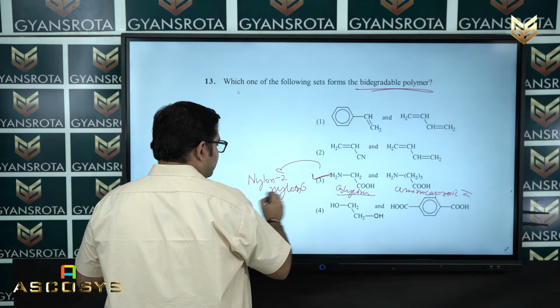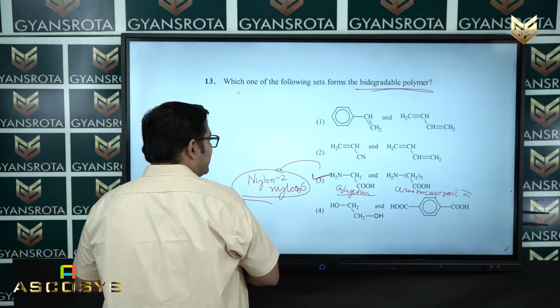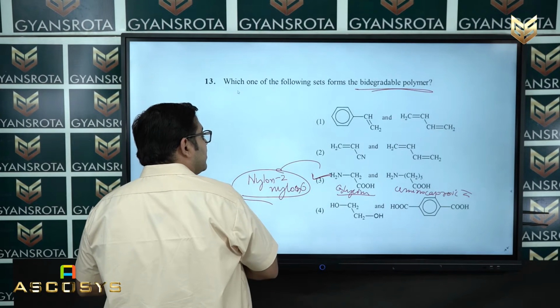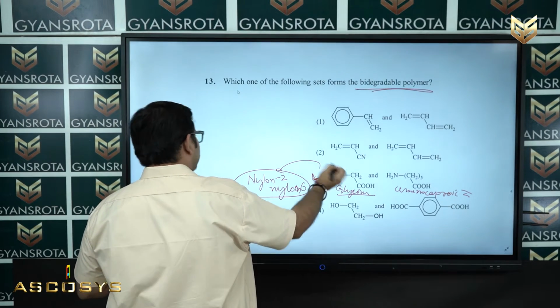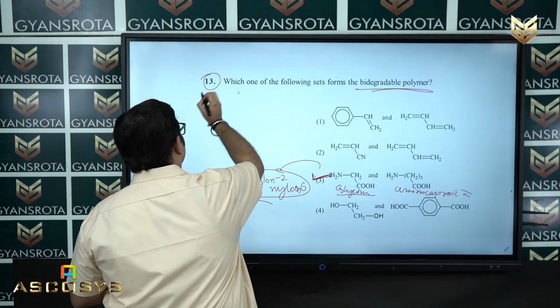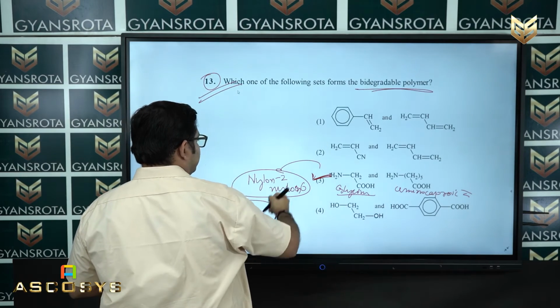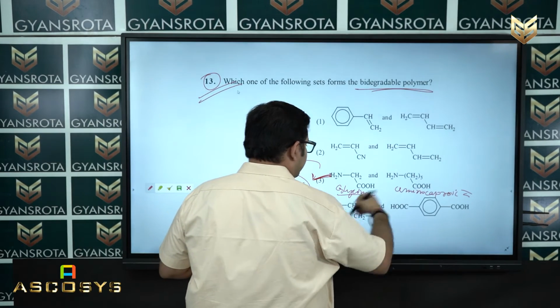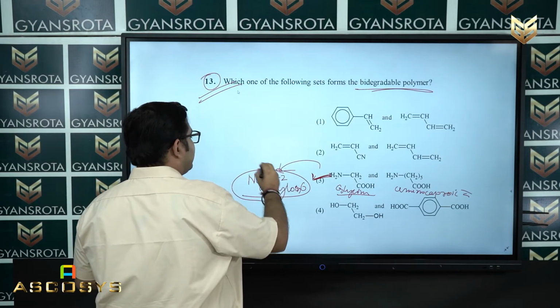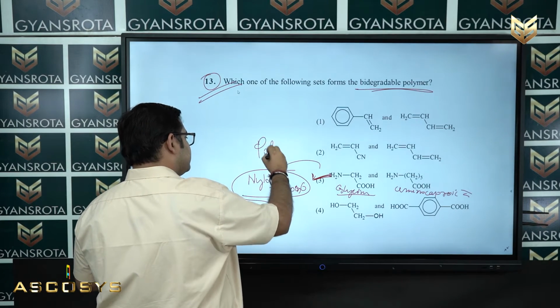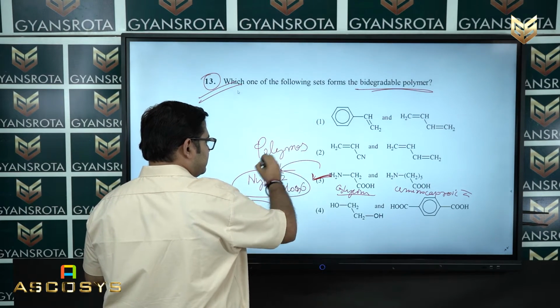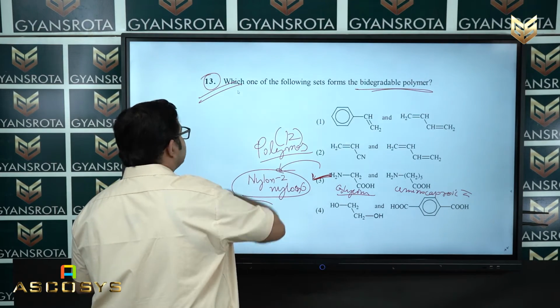This is a polymer and this is a biodegradable polymer. So your option number 3 is the correct answer to question number 13, and these reactants and products are already given in your NCERT, in the polymer chapter of your class 12 NCERT.